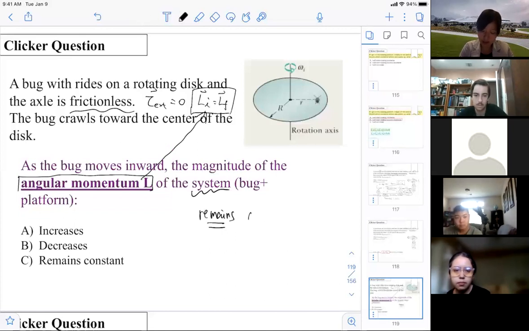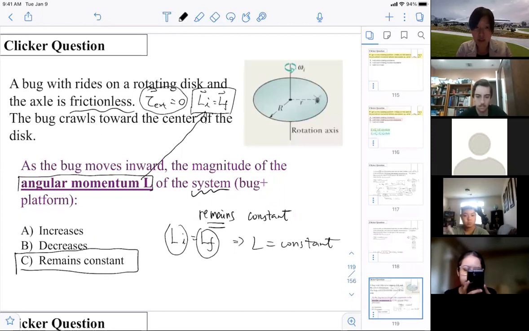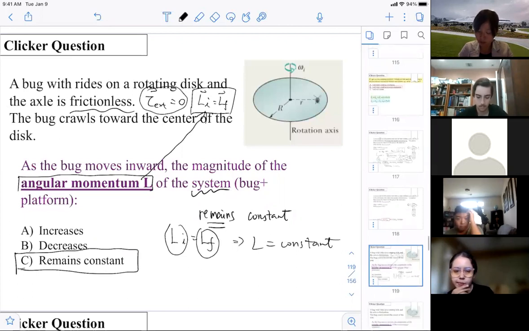That's what we have been trying to say this whole time: when you don't have external torque, the angular momentum of the system, initial equals final, which means L is just a constant. It does not change. That's why initial and final are equal. So simply, it remains constant. So be a little bit careful when reading questions. It's asking for angular momentum.